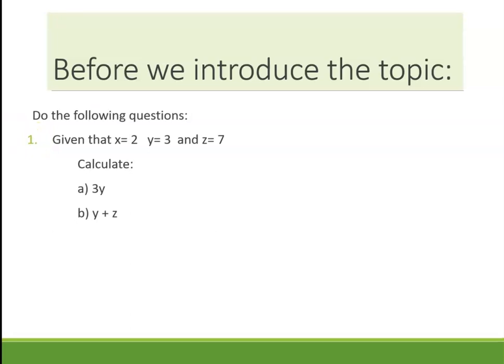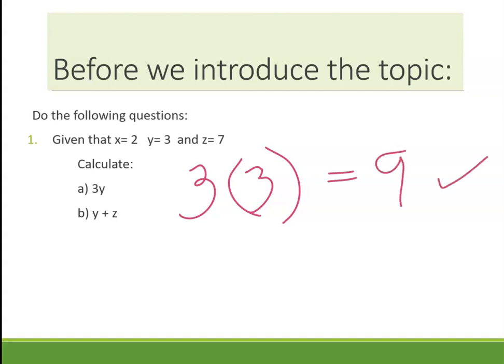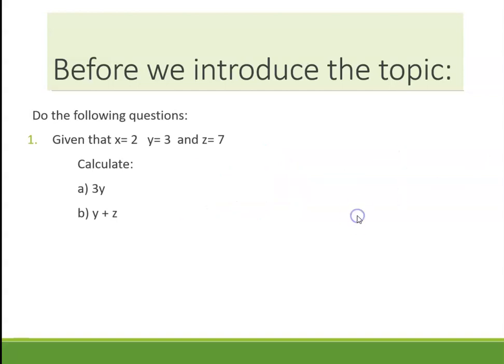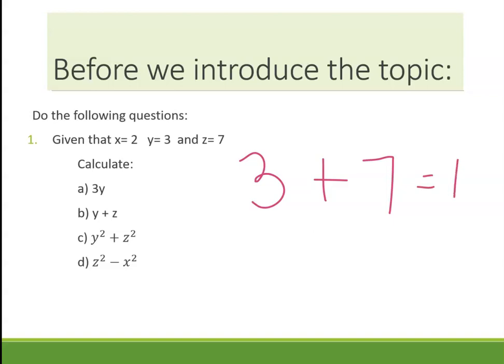We know that 3y means 3 multiplied by y, and y is 3 in this case, so that's 3 multiplied by 3, which is 9. Then we have y plus z. So y is 3, z is 7, so y plus z is equal to 3 plus 7, which is 10.